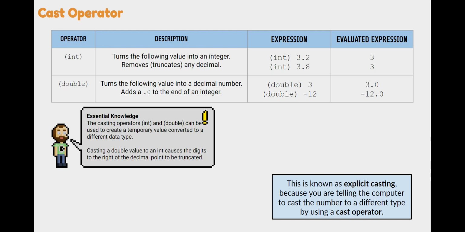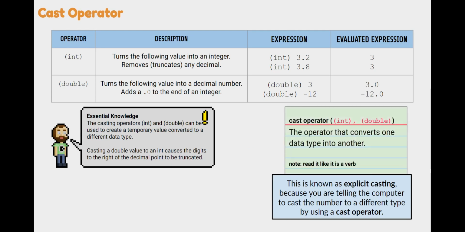So our first cast operator that we are going to see is the int cast operator. Notice your operators need to be surrounded in parentheses. The int cast operator turns whatever following value into an integer. And to do that, it's going to remove or truncate any decimal places. So we see a couple of expressions. We have (int) 3.2.